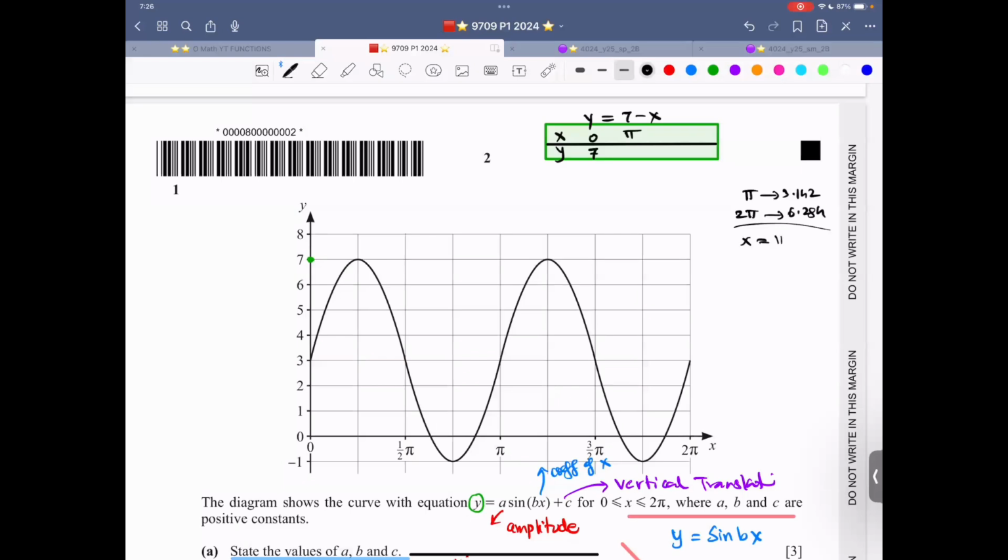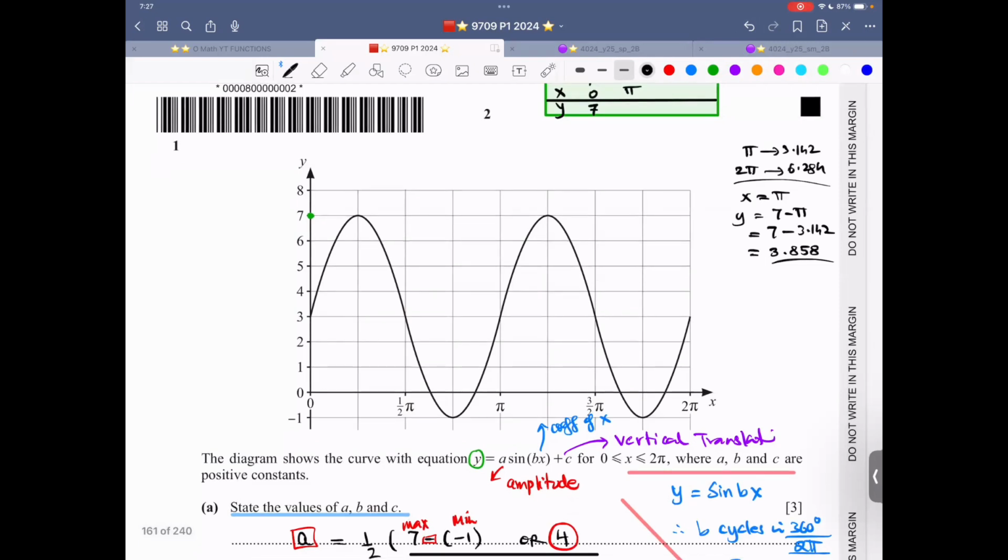Therefore y is 7 minus pi, which is 7 minus 3.142. Just the approximate value, so that is 3.858, something like this, 3.86.